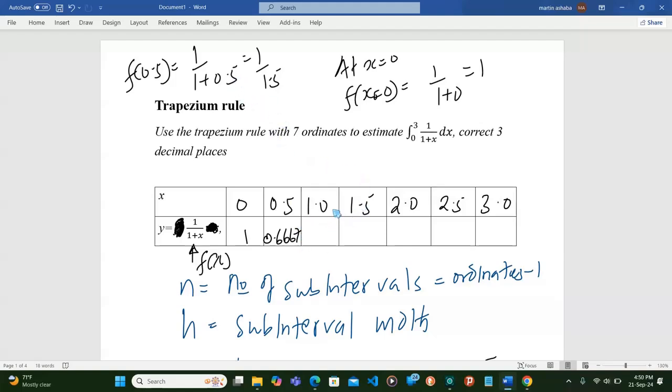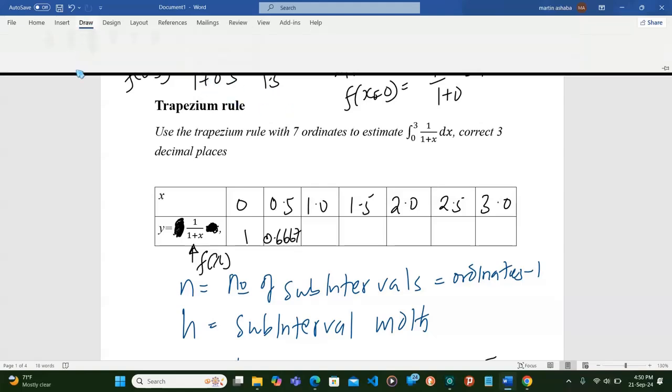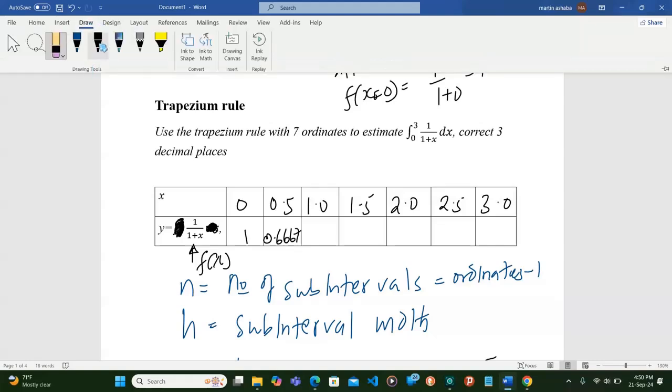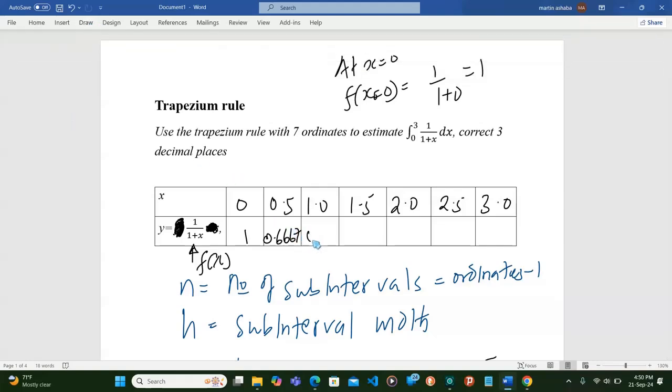So f of 1 is equal to 1 out of 1 plus 1, which is equal to 0.5, because this is a half. So I put 0.5 here.